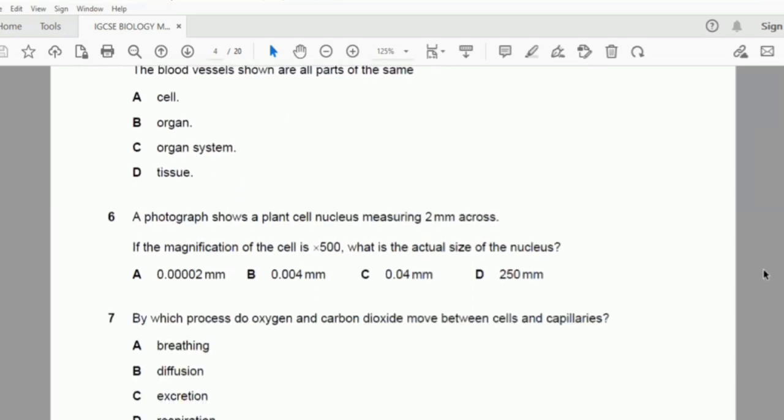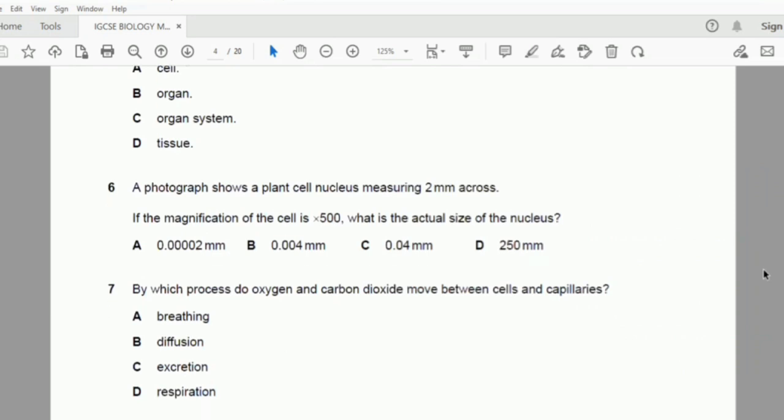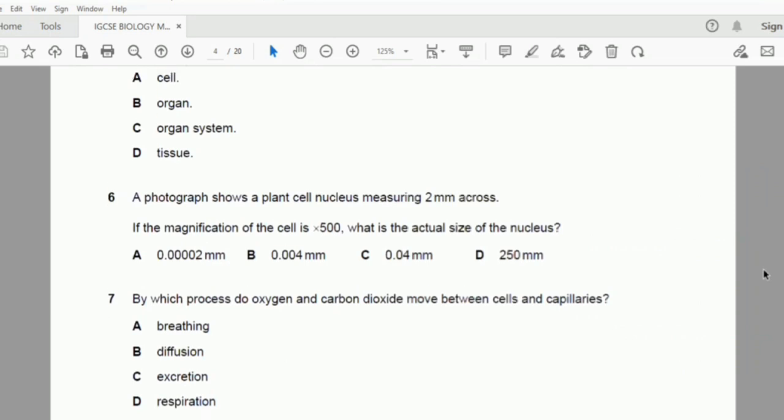Number 6 says that a photograph shows a plant cell measuring 2 millimeter across. If the magnification of the cell is times 500, what is the actual size of the nucleus? Okay, now you need to know the formula for magnification.